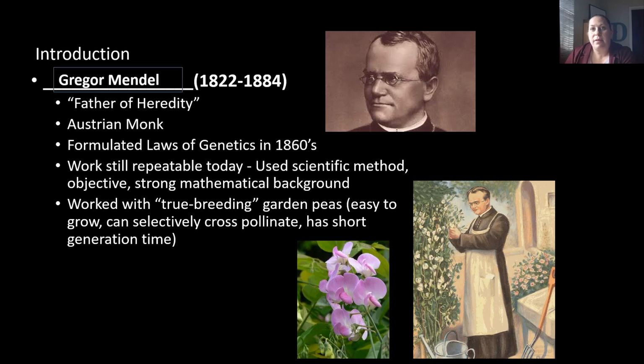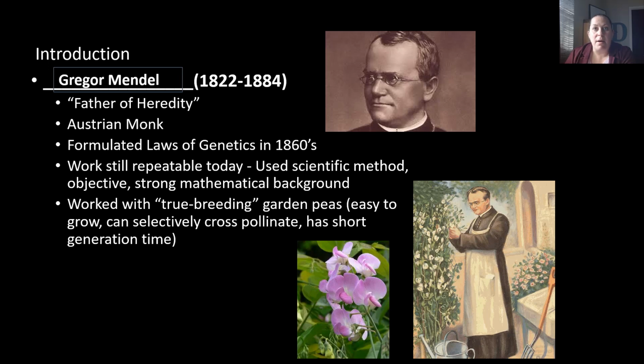He was lucky in the plants that he chose to work with. As an Austrian monk, he had particular jobs that he was to focus in to help the monastery, and his was in the garden. And so he worked with gardening, but he picked the true breeding garden peas. Now he lucked out here. He picked them for a reason. They were very easy to grow.